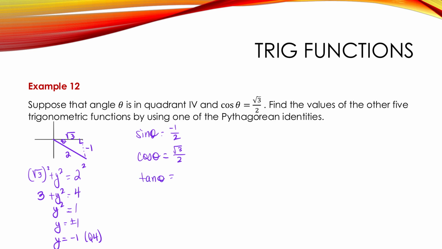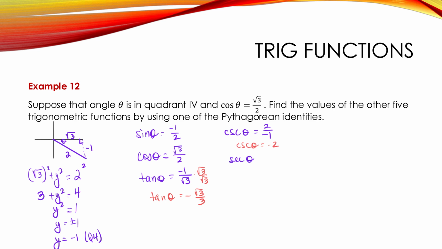Tangent is opposite, negative 1, over adjacent, root 3. And we can see that we're going to need to rationalize our denominator here. So tangent is negative root 3 over 3. So that makes cosecant 2 over negative 1, or negative 2.